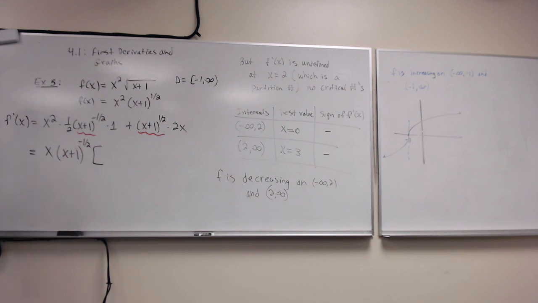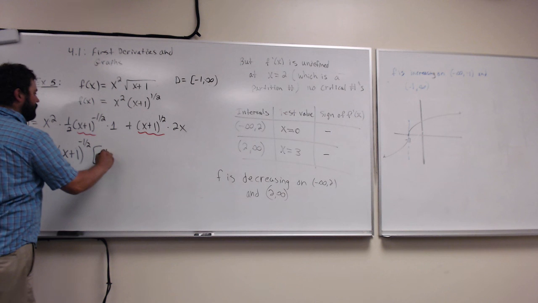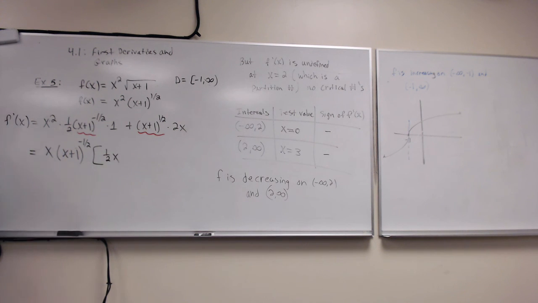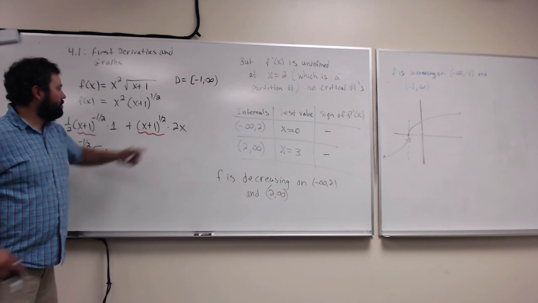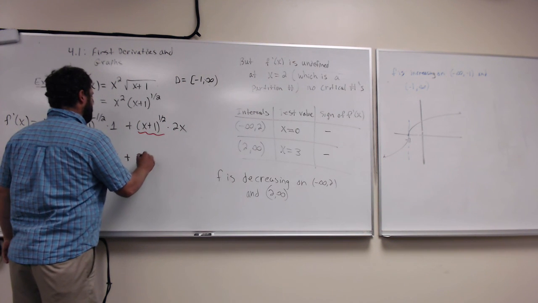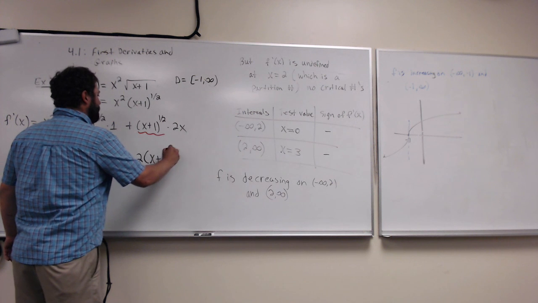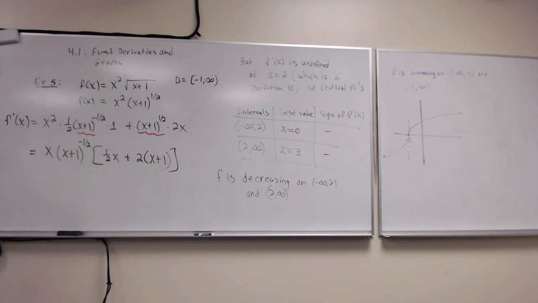And then now we have to figure out all the stuff that's left over. So let's see, I still have the 1/2 there, and I still have an x. So all that's left over in the first term is 1/2 x. And then I factored out this x, you still have a 2. And I claim that you have an x plus 1 left over.